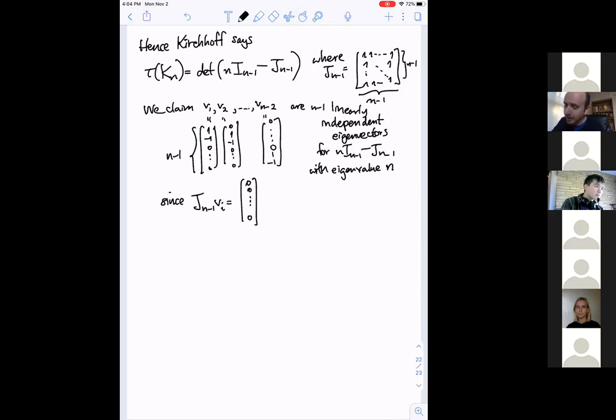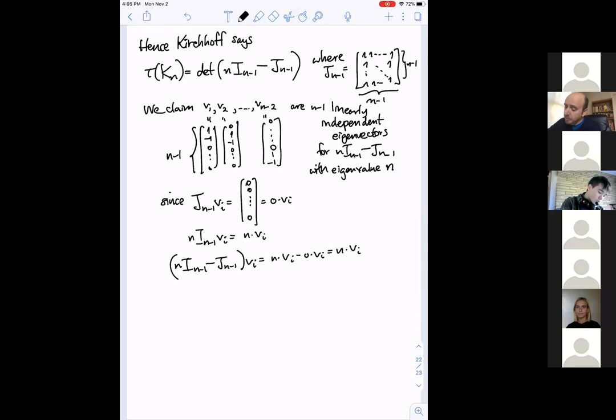Every row of J_{n-1} is perpendicular to these vectors, so when you do the multiplication, you get a 0 row by row. But n times the identity of course just scales them by n. So when you take one of these vectors and do this computation, you get n times vi minus 0 times vi. It's just n times vi. They each have the eigenvalue n.